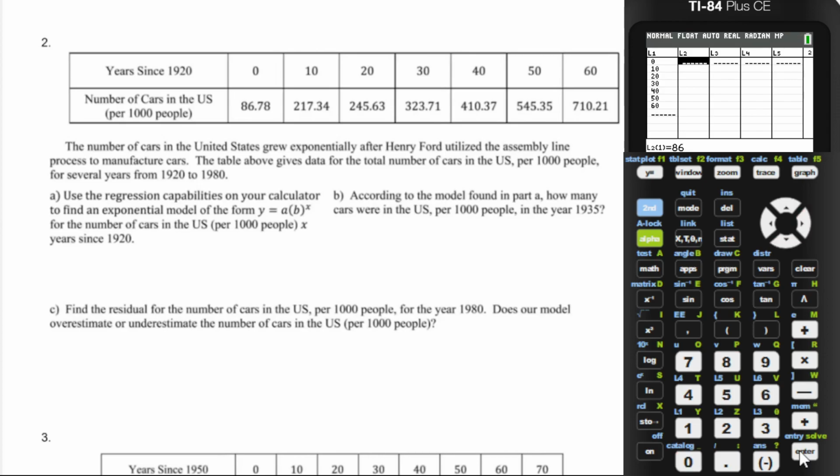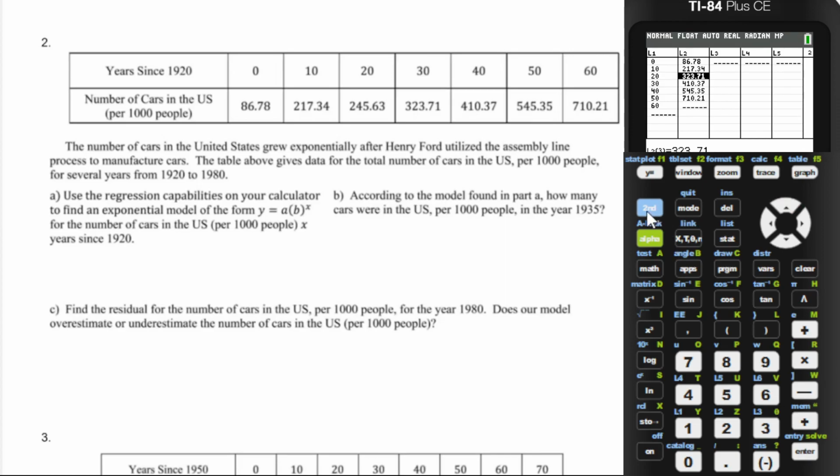Then 86.78, 217.34, 323.71, 410.37, 545.35, and 710.21. What just happened here? Did I miss one? 0, 10, 20, 30, 40, 50, 60. Oh, goodness. Okay. I missed the one that was 245.